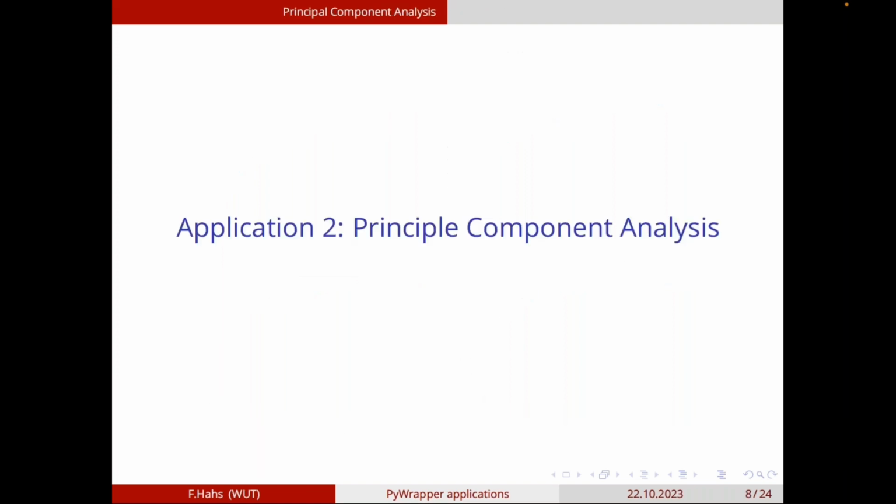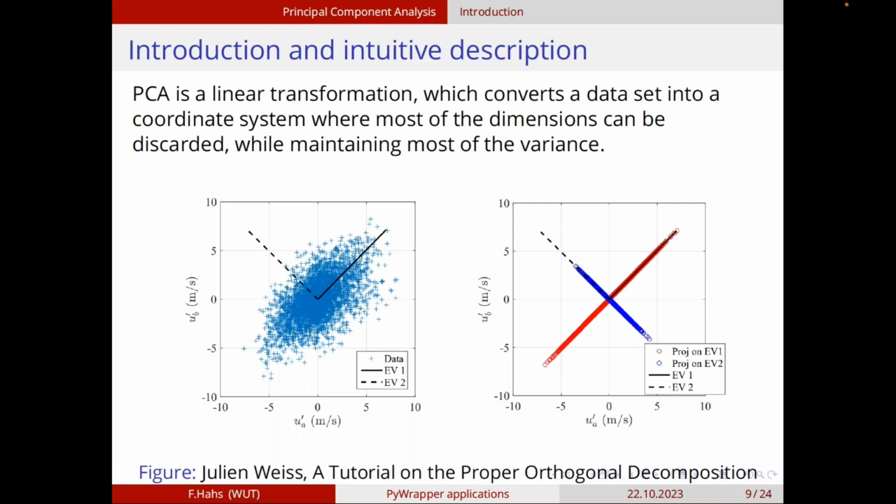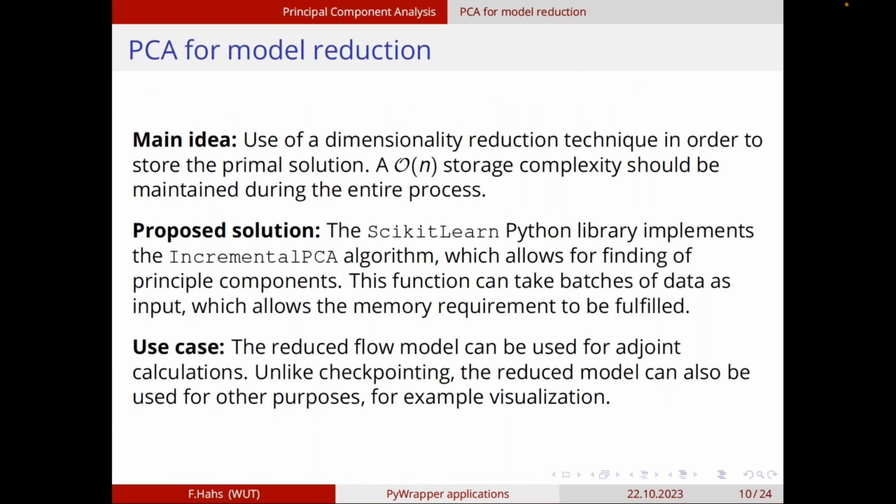Now I'll move to the second application of the PyWrapper, which I have come up with, which is the use of principal component analysis for reduction of required memory. Principal component analysis is when you have some random variables, it captures the axes in which most of the variance is preserved. The main idea is to use this technique instead of checkpointing.